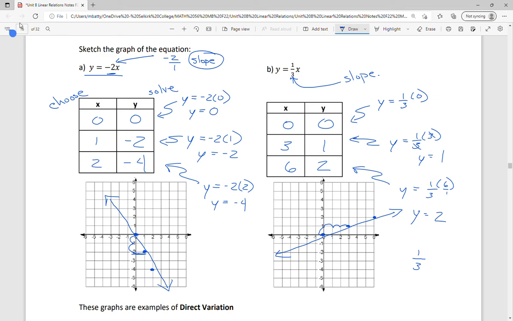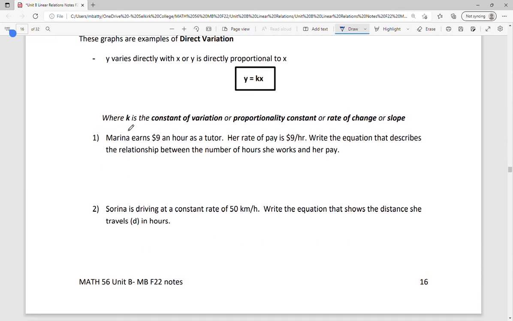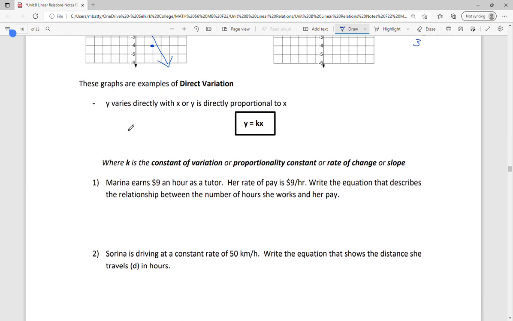We're going to come back to slope in our equations. But slope is also, like I said, a rate of change. In other mathy words, and I don't think that you've probably thought of these ones before, it's a constant of variation or a proportionality constant. Big fancy words, but they're all the same concept.